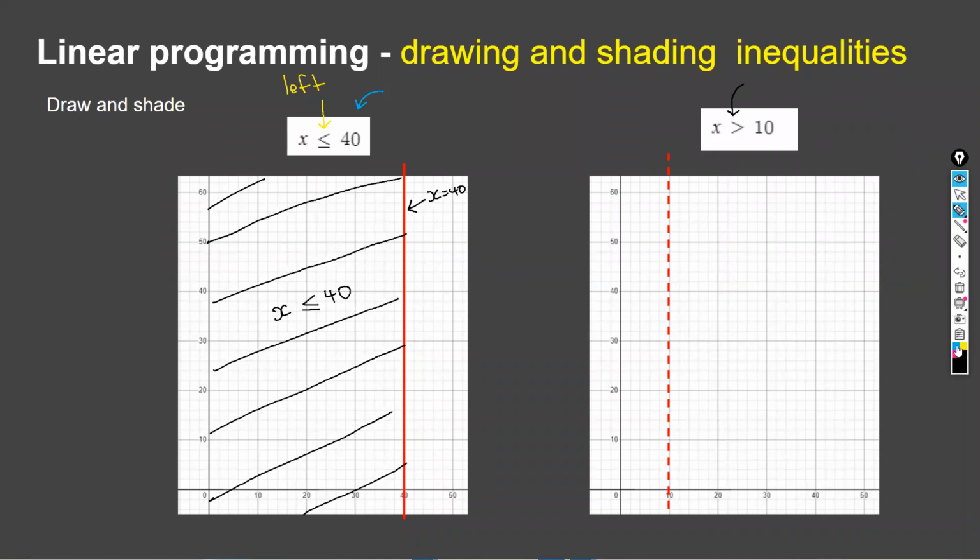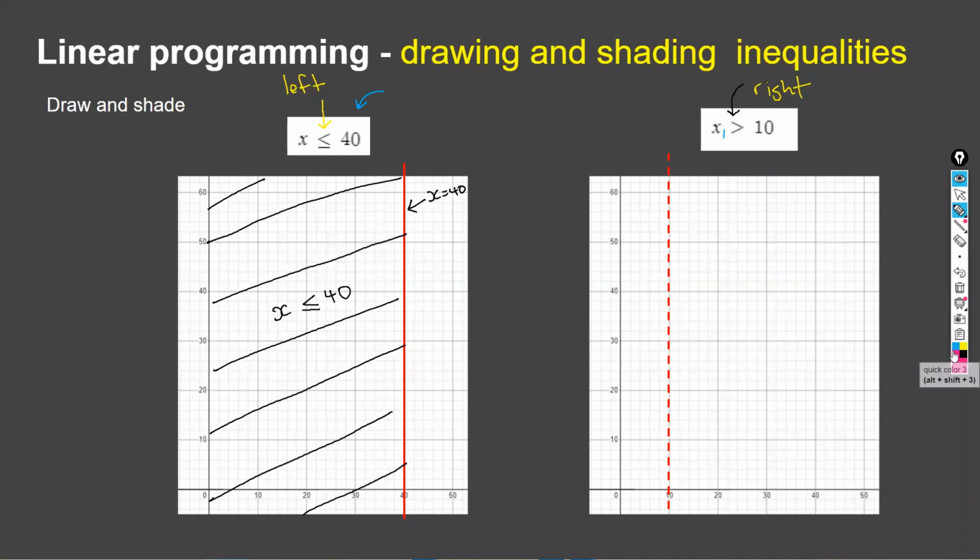All right. So are we shading the left-hand side or the right-hand side? The right-hand side, because this time it's more than. Remember I told you more than, you can associate it with above. But in a vertical line, you have no above, it is either left or right, so you can associate it with the word right.